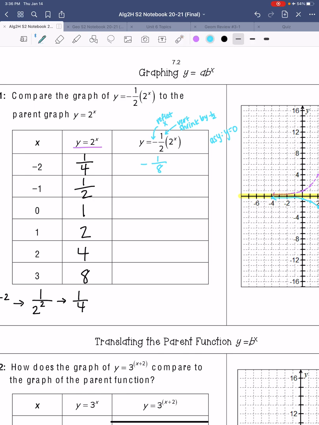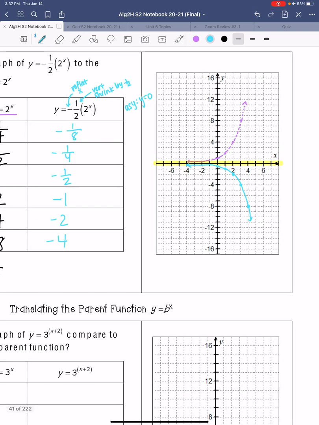So my next one, positive 1/2 times -1/2 is -1/4. 1 times -1/2 is -1/2. 2 times -1/2 would give me a -1. 4 times -1/2 would give me -2, and 8 times -1/2 is going to give me -4. So the T-chart will also work. We have these exact same points here.